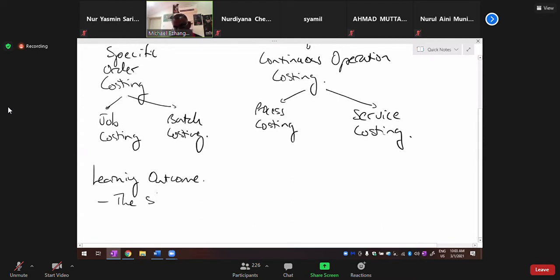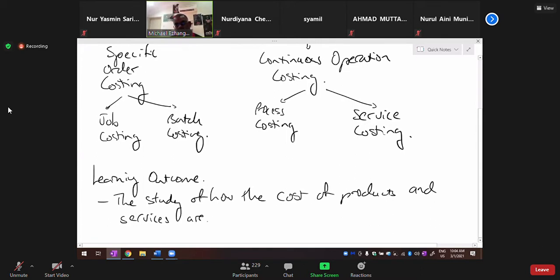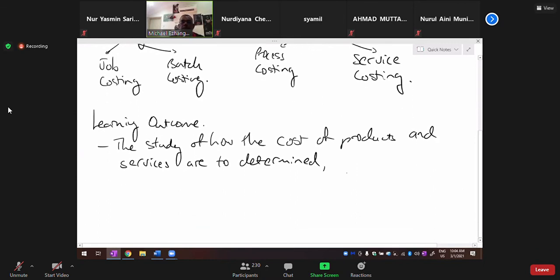It is the study of how the cost of products and services are to be determined, under different business environments.